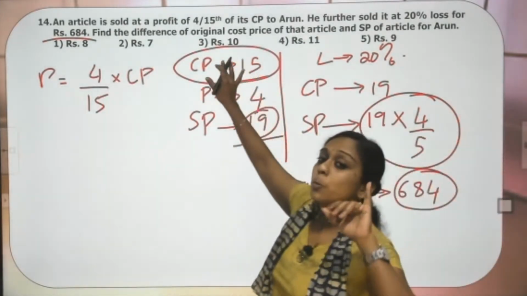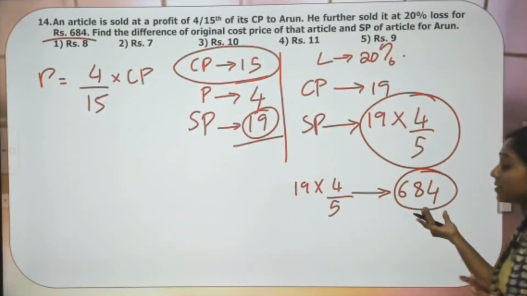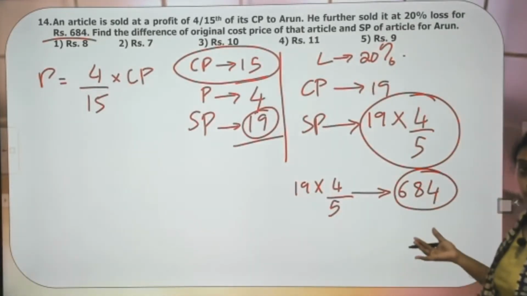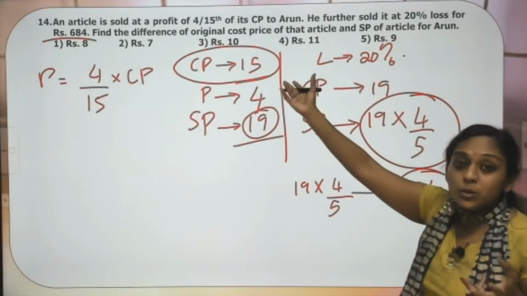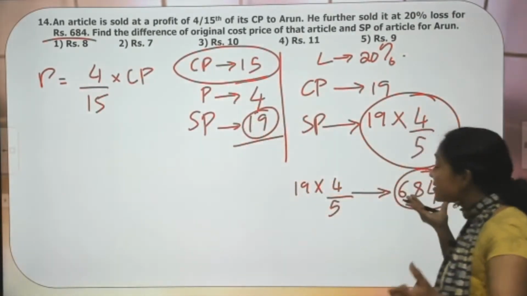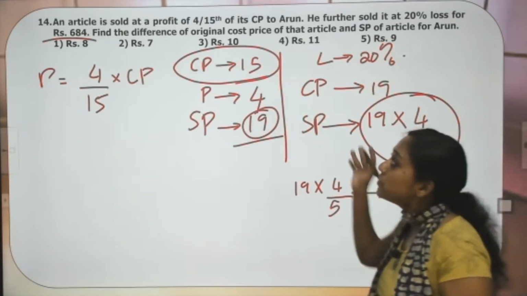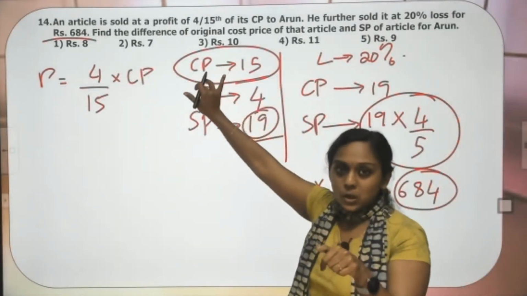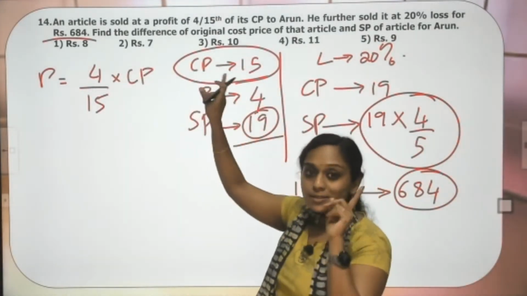Now you have to find this difference, but be careful: 15 is your assumption value and 684 is your real value. So first you have to find out what is this 15.